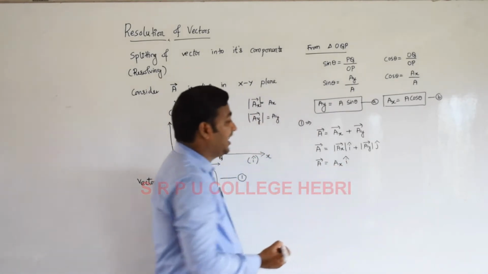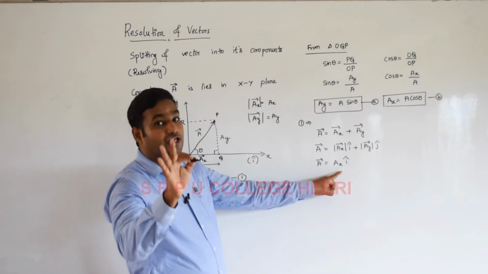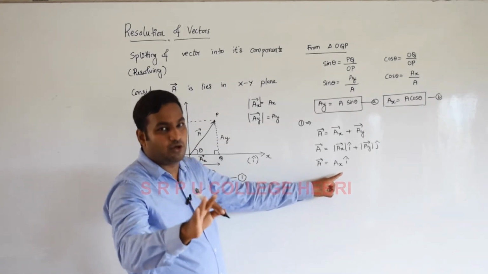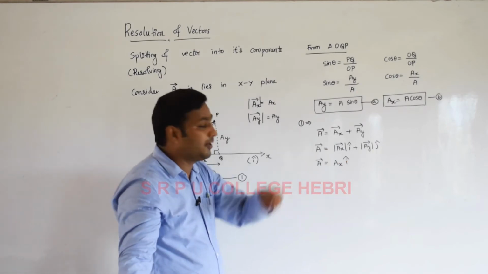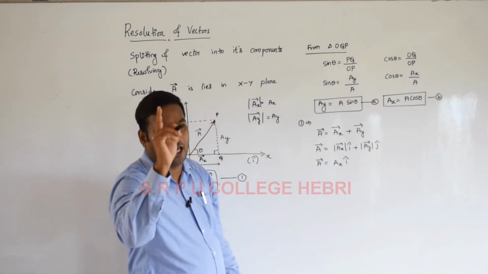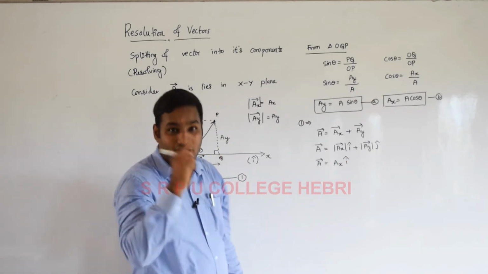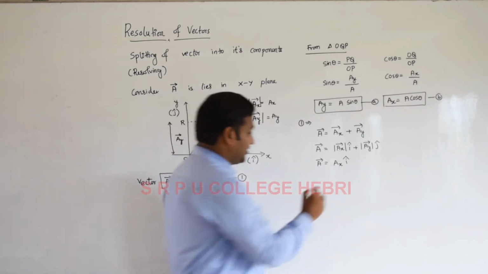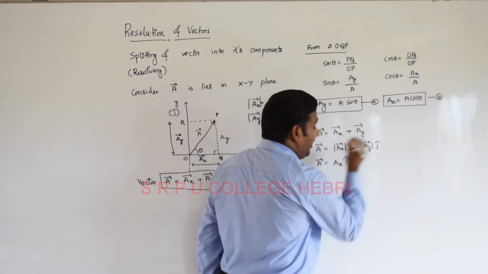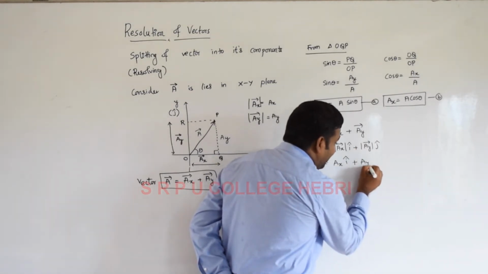I cap provides the direction. Here AX is only the magnitude of the component of vector A along X axis. I multiplied by I cap, whose value is 1. Does it provide direction? Yes, along the X axis. Next, the magnitude of AY vector we can write as AY.